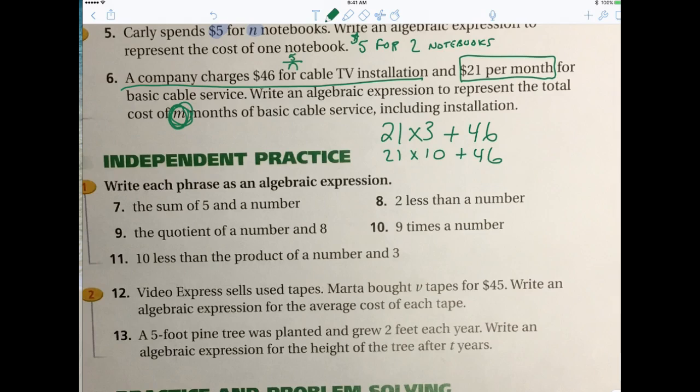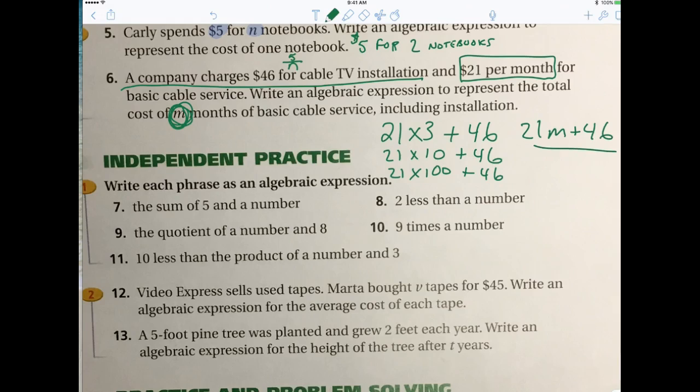So, Thomas, what if I said you needed the cable for 100 months? What would I do? 21 times 100 plus 46. So, Gavin, 21 times M plus 46. So it would be 21 times M plus 46.